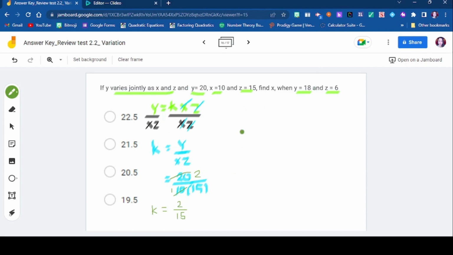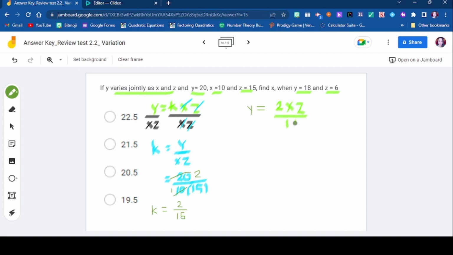So let us use our previous mathematical statement. We have y is equal to, since our k is 2/15, we place 2 in the numerator multiplied with x and z. Where do we get 2/15 again? That's the value of our k.